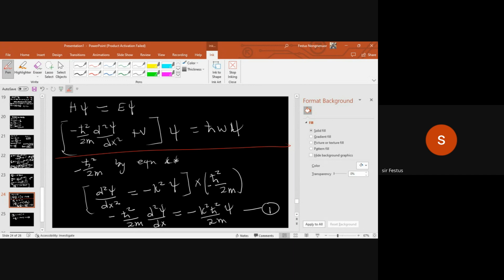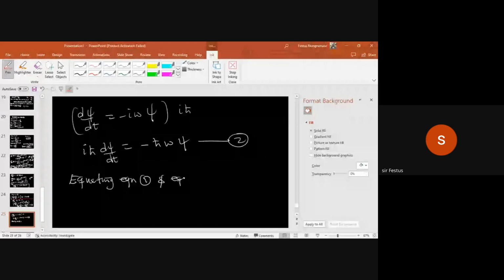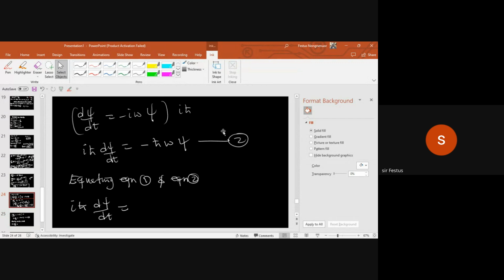So equating these two, if you equate equation 1 and equation 2, we'll have i h d psi on dt equals the left hand side of equation 2.